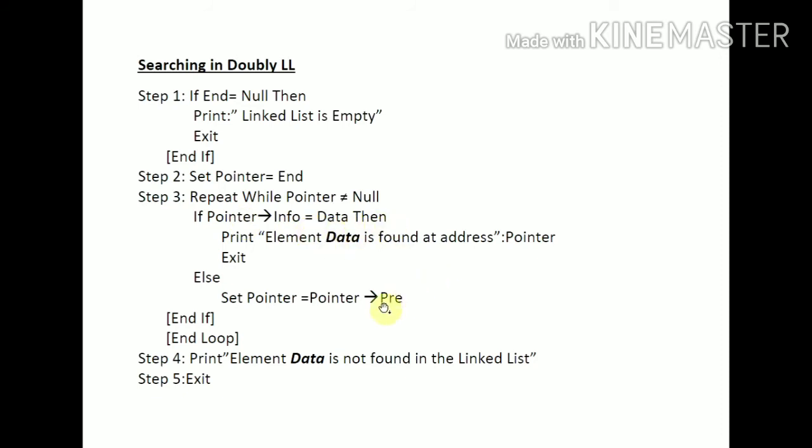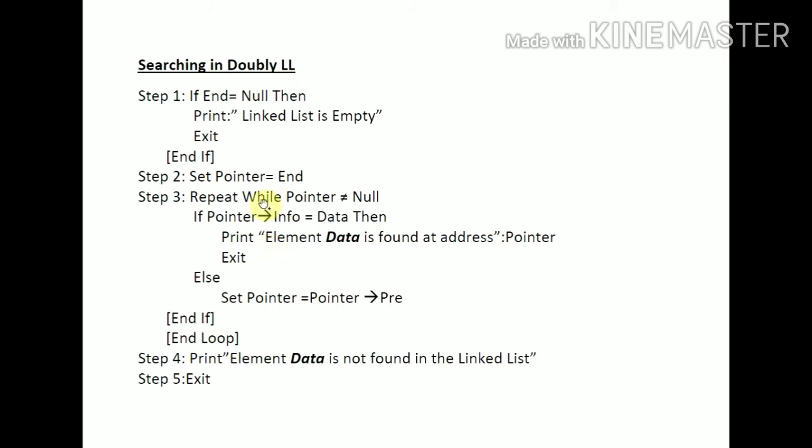But the next change is that pointer equal to pointer next will come here. So that is the change in this algorithm when we start searching from the begin side, that means forward searching. If you start from the back side, then this will be the algorithm.